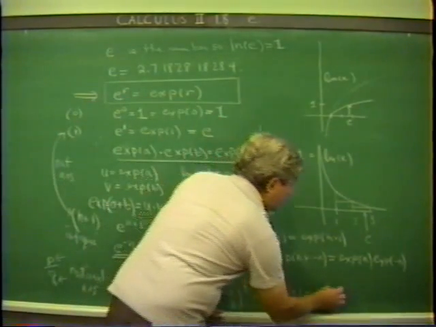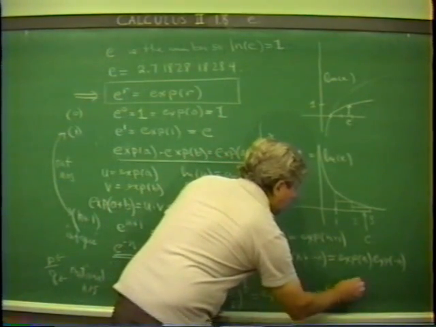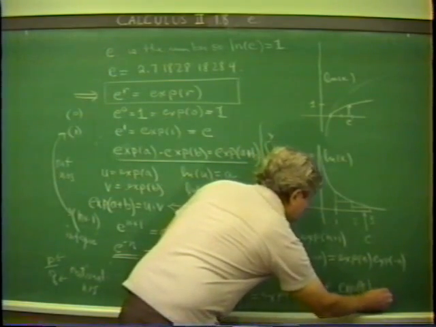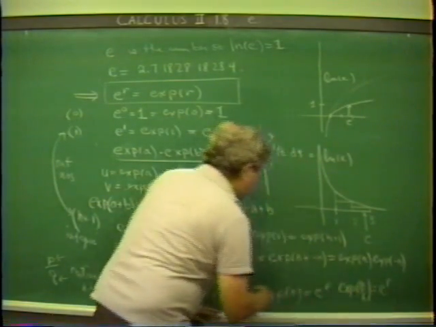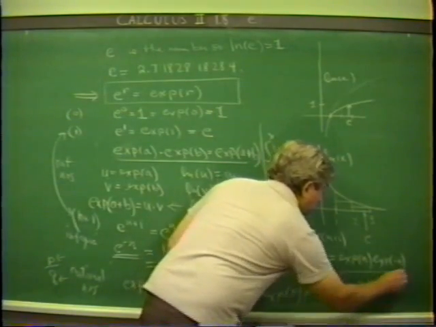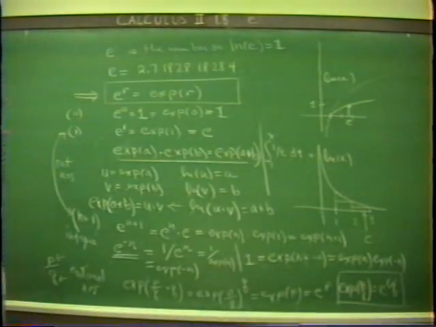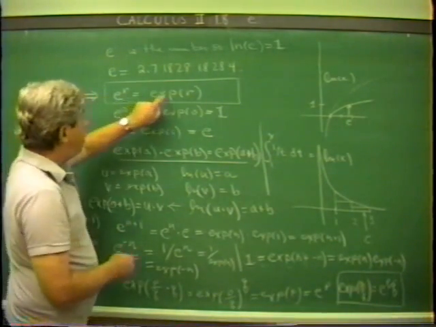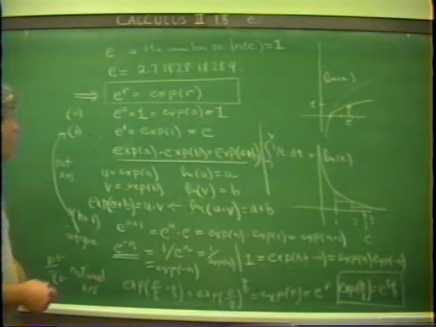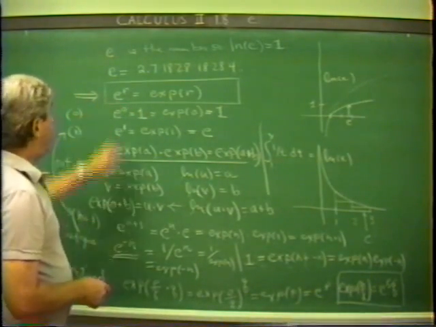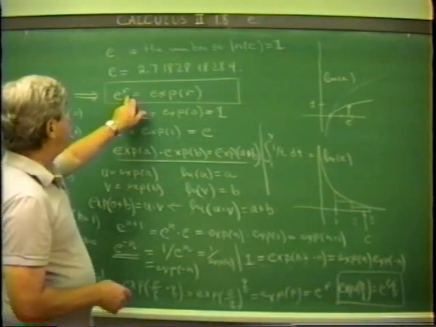So consequently, exponent of p over q is equal to the qth root of e to the p, e to the p over q. And so this then gives us that e to the rational number r is exponent of r.